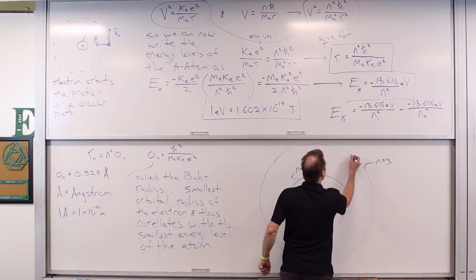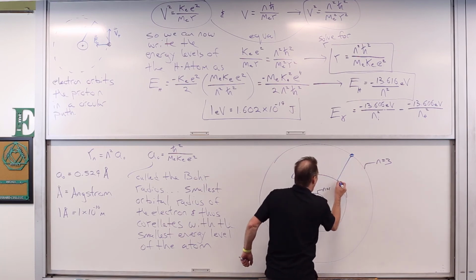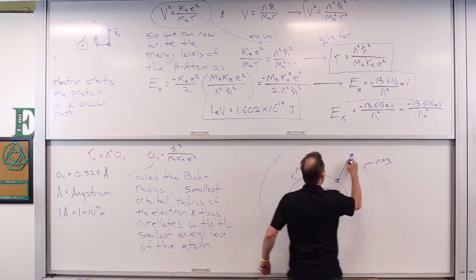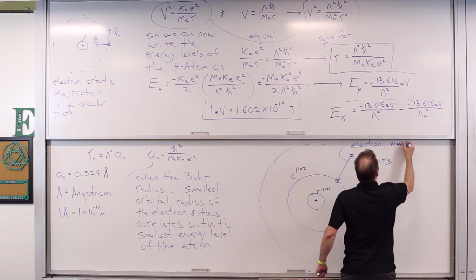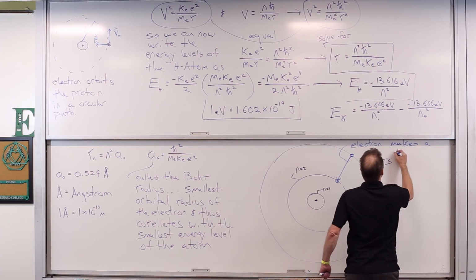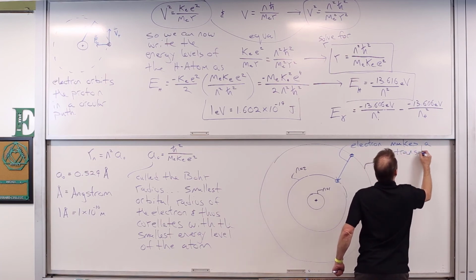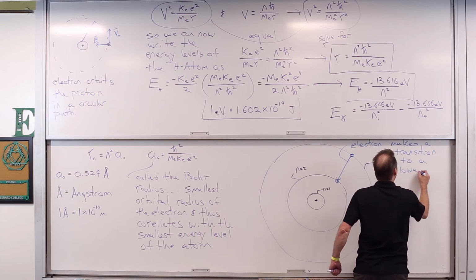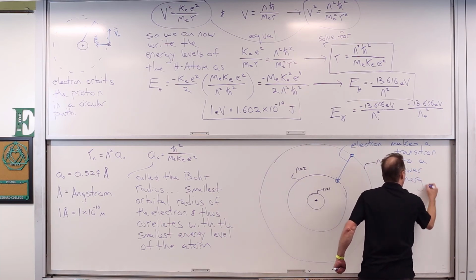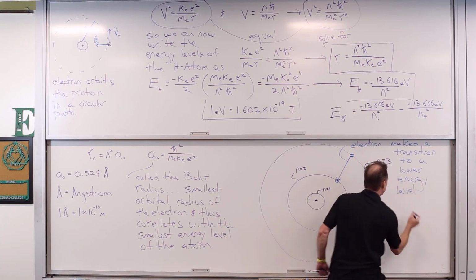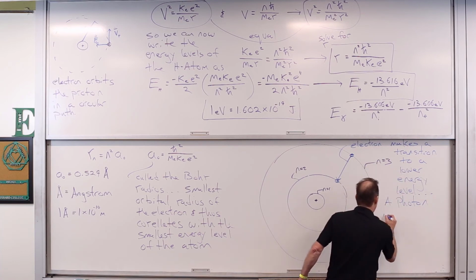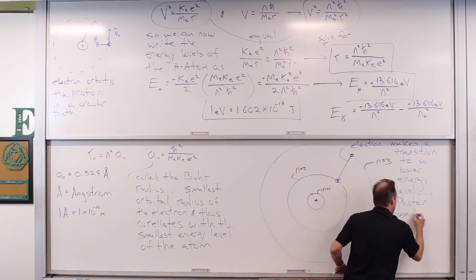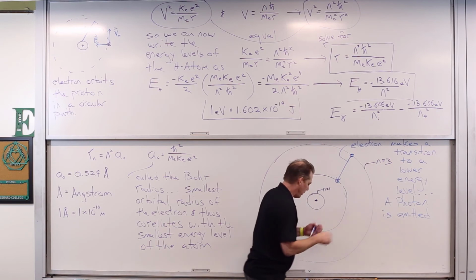The electron goes from one orbital radius down to another. Electron makes a transition to a lower energy level. A photon is emitted. So what do we get out of this?